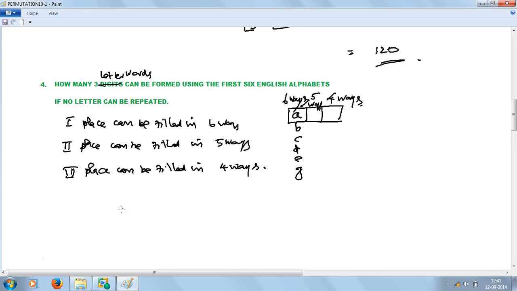So as per the formula given, the total number of ways you can write is 6 multiplied by 5 multiplied by 4, which is equal to 120 ways.